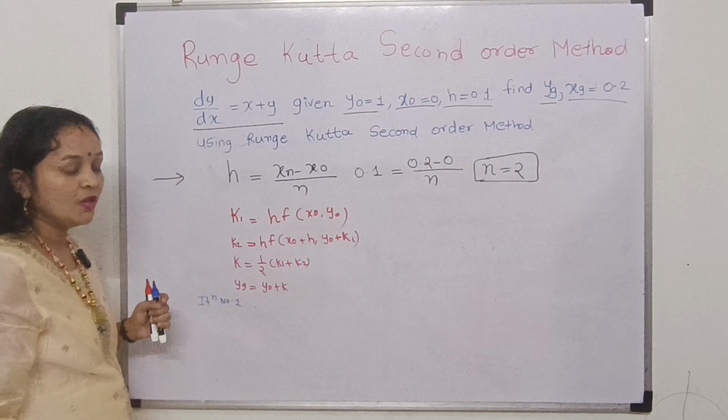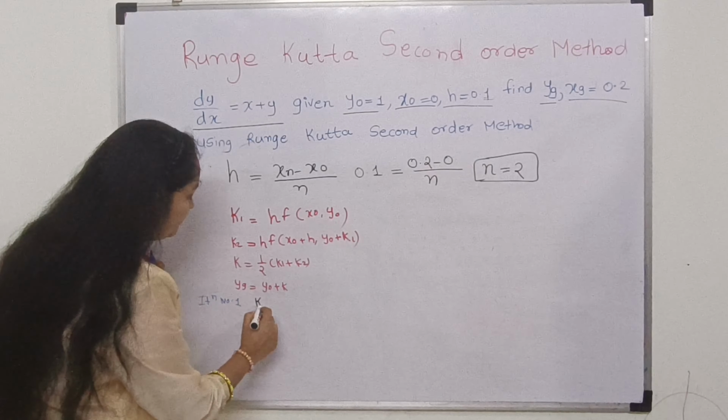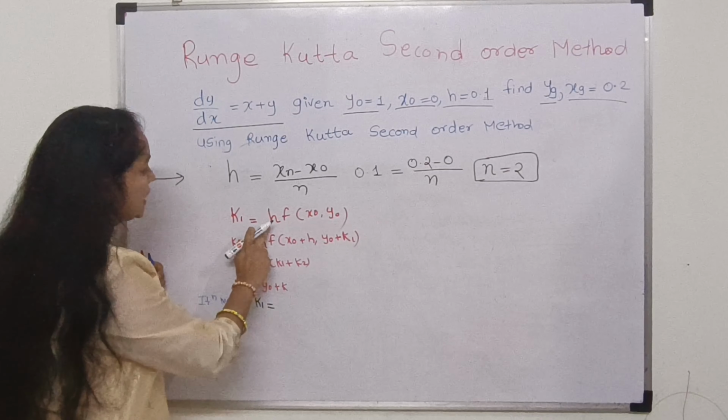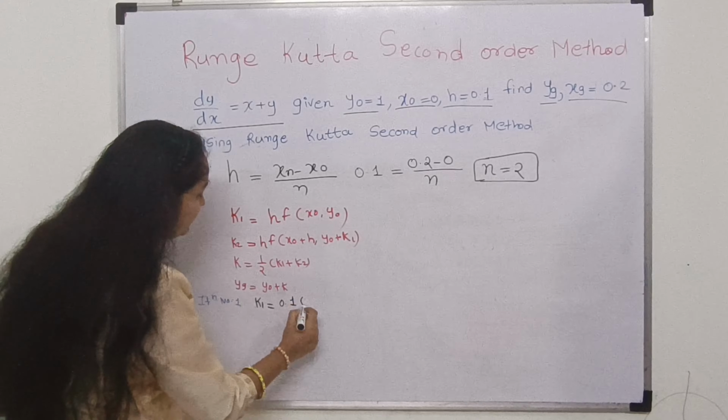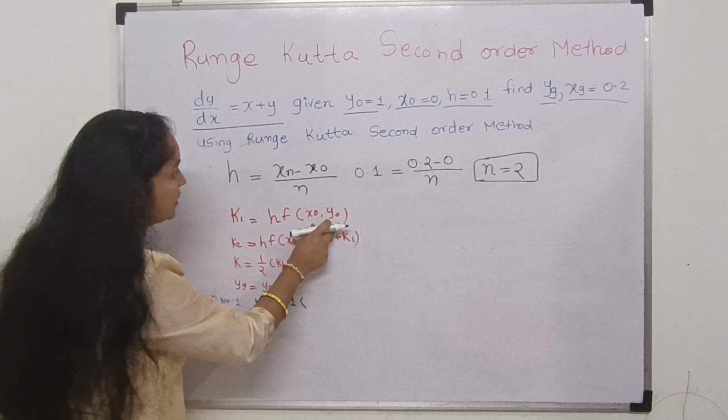In that you are supposed to calculate K1 first. So K1 is equal to h. The h value is 0.1, times the function of x0 and y0.